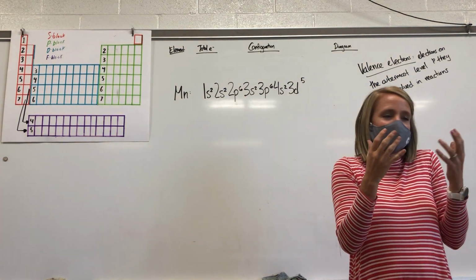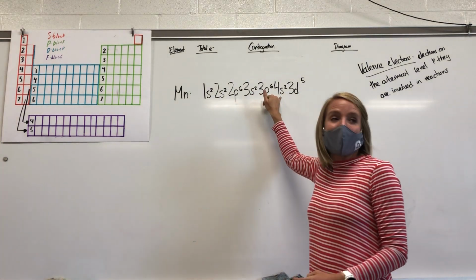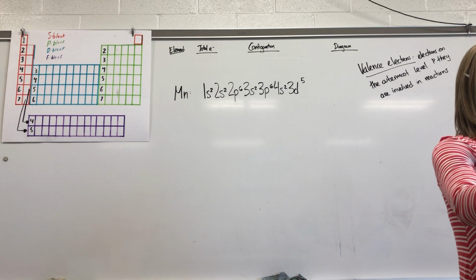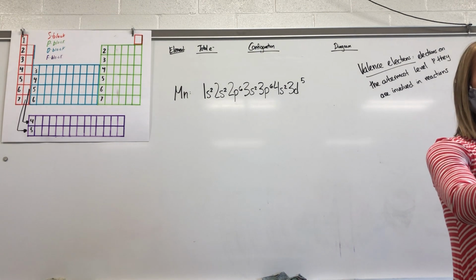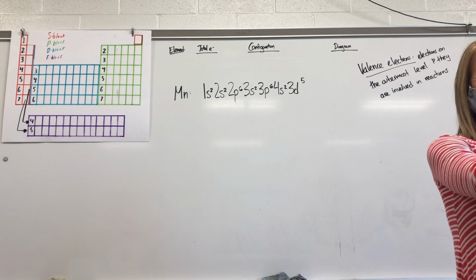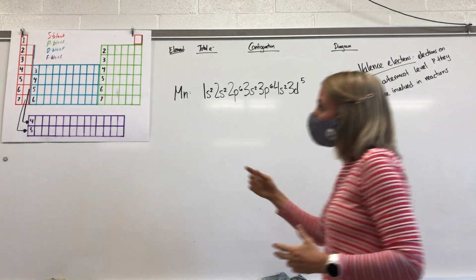Smaller orbitals just take less energy. And so electrons get filled in that before they go back and start filling up the third level. Does that kind of make sense? So that's why we get this weird jump in numbers.